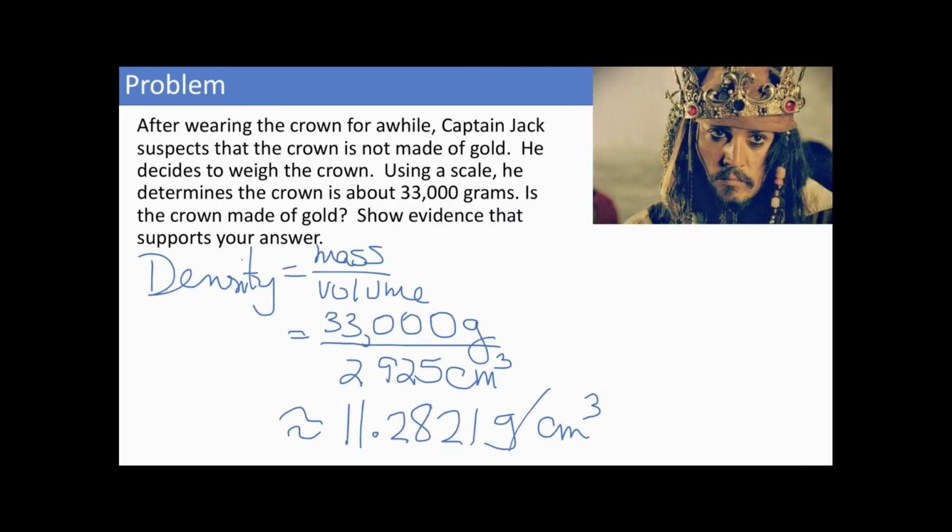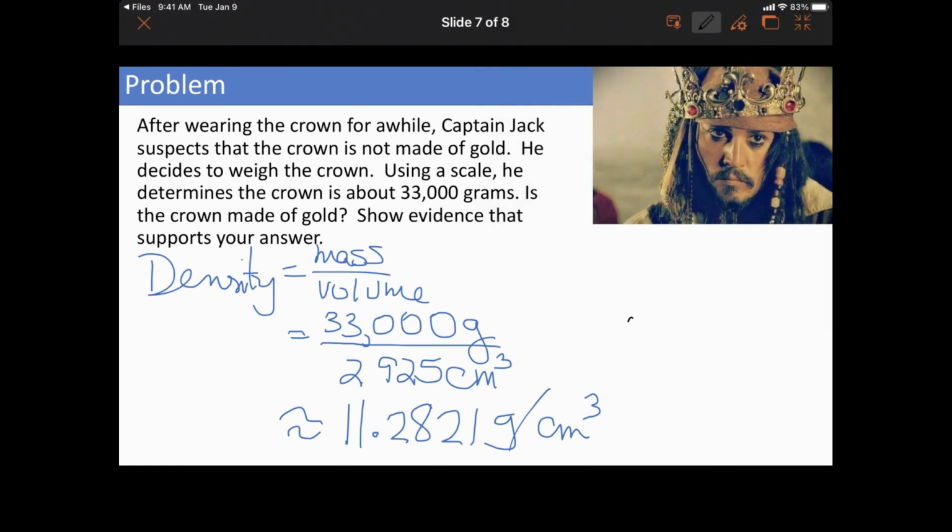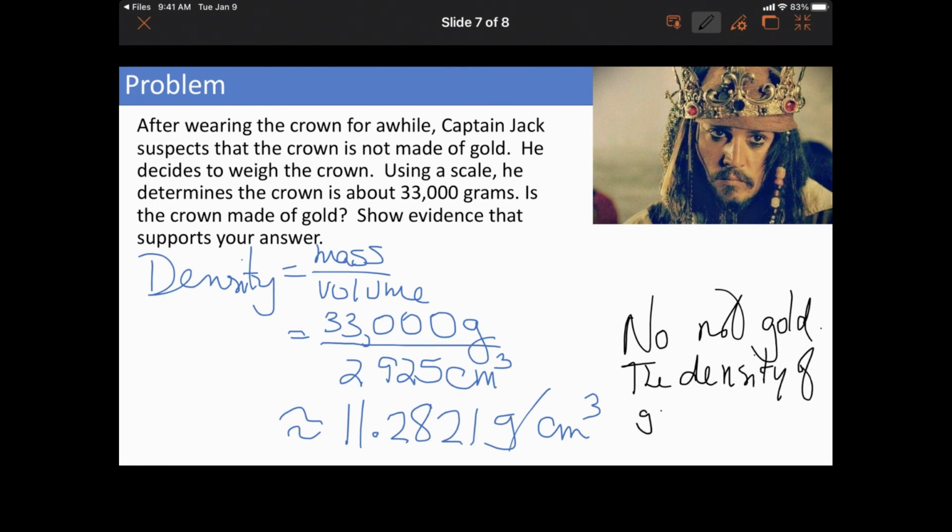So this shows me no. Not gold. And remember, support your answer. So show evidence. Here's my evidence: not gold. The density of gold is 19.3 grams per centimeter cubed.